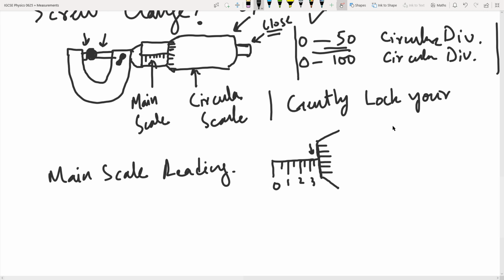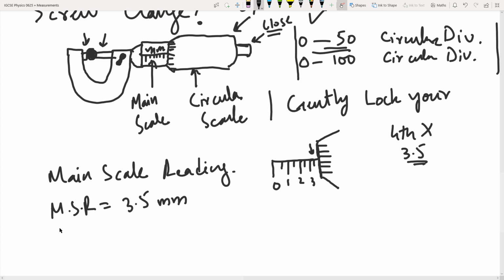So if it's the fourth, then don't take the fourth, take it as 3.5, right? So the main scale reading, which I'm going to denote as MSR, is 3.5 millimeters, since the main scale for a screw gauge is in millimeters. So that's the main scale reading.